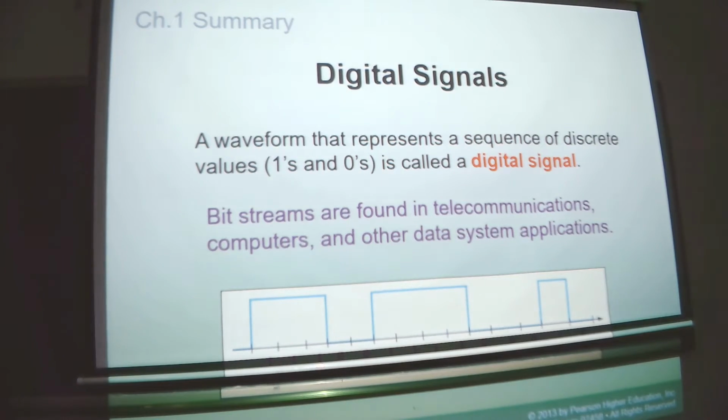There are 1, 2, 3, 4, 5, 6, 7, 8, 9, 10, 11, 12, 13, 14 bits. Every bit has only two values, 1 or 0. This is our digital signal.